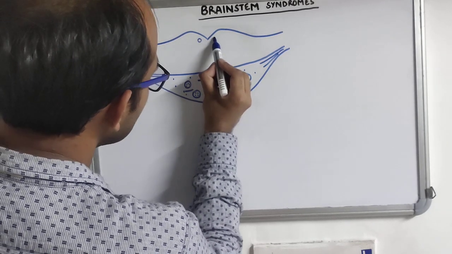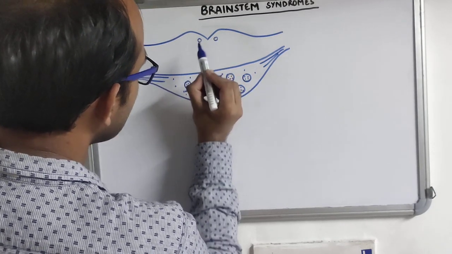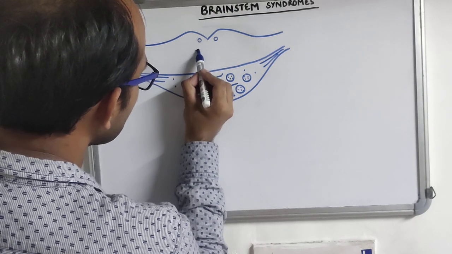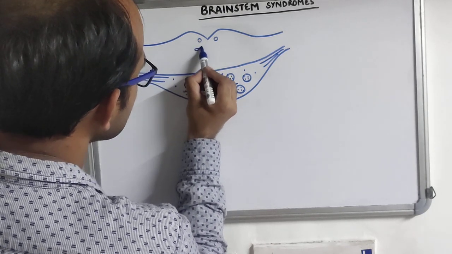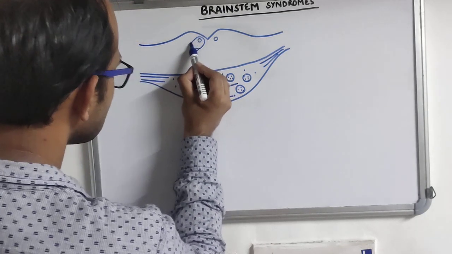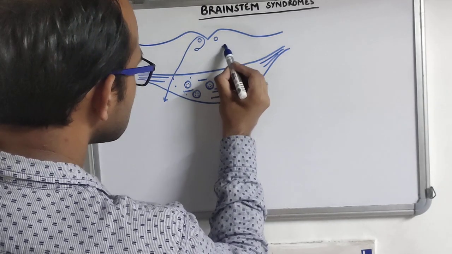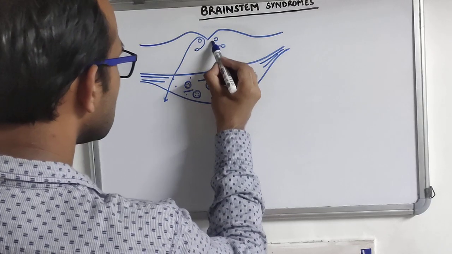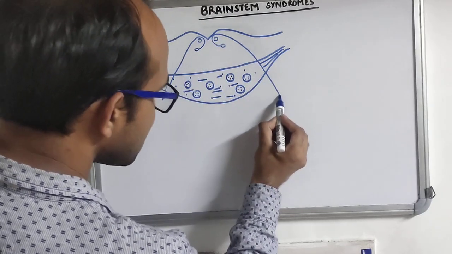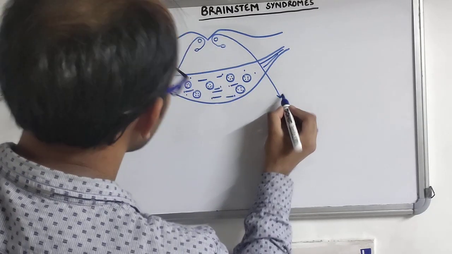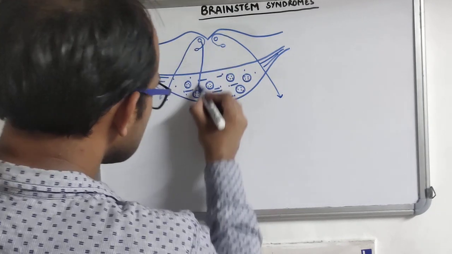This is the nucleus of the sixth nerve and this is the nucleus of the seventh nerve. This is the seventh nerve and these are the sixth nerve.